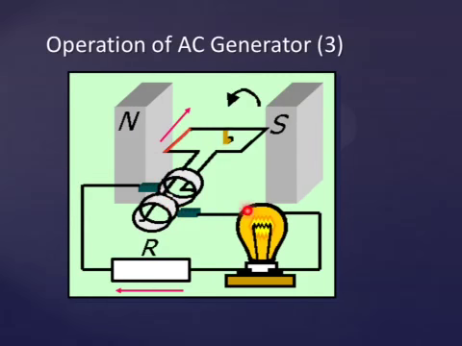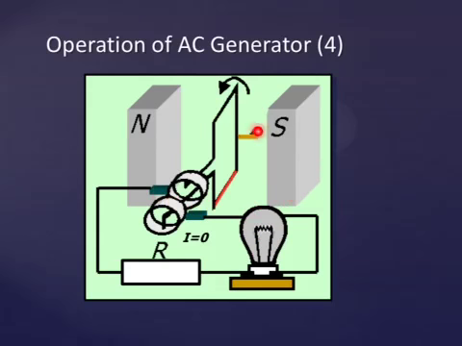In this diagram, this red side of the coil has turned through 180 degrees from that position right through to that position. Now this red side of the coil is cutting the field lines again, but downwards instead of upwards as when it was in this position. So the induced EMF is in the reverse direction, and so the current is in the reverse direction.